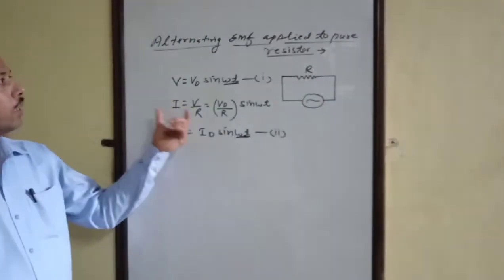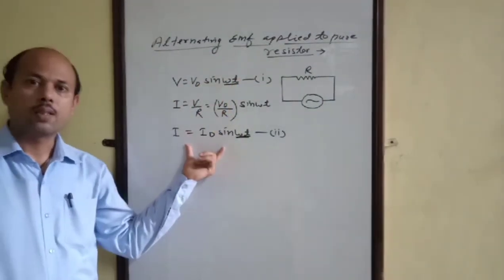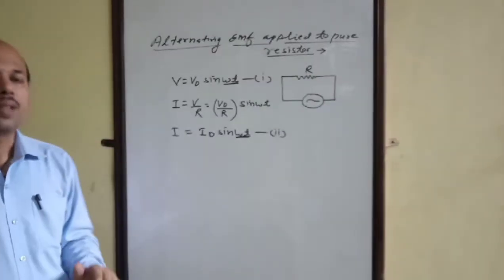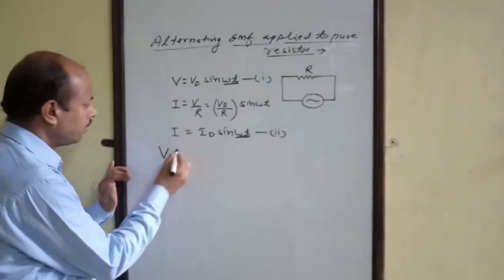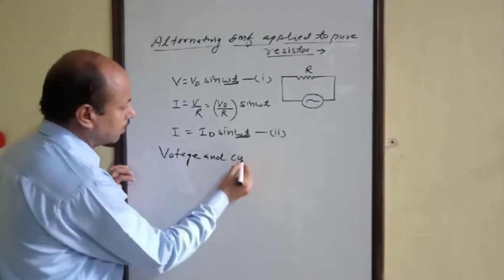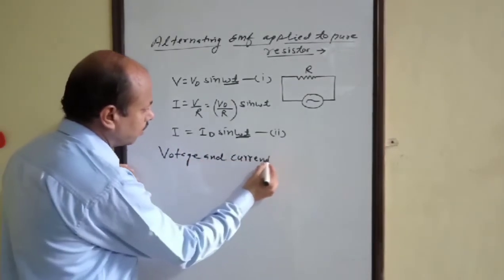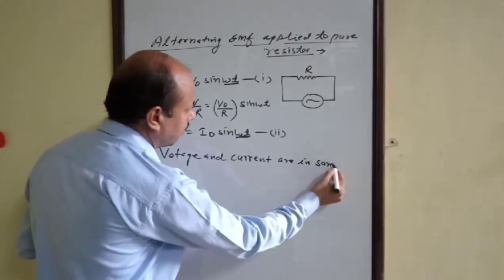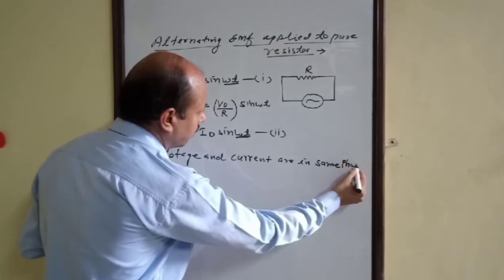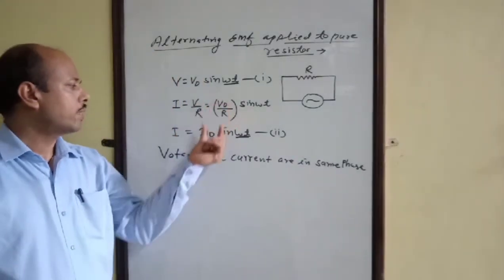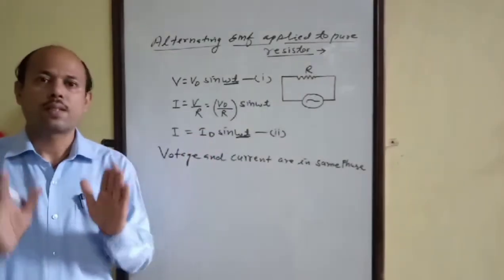It means in the case of a pure resistor, voltage and current are in the same phase.